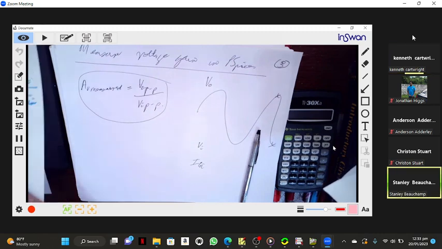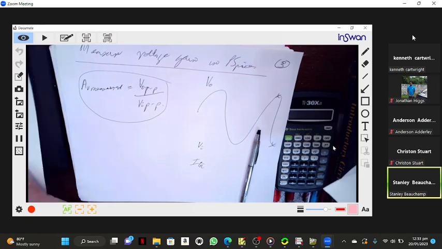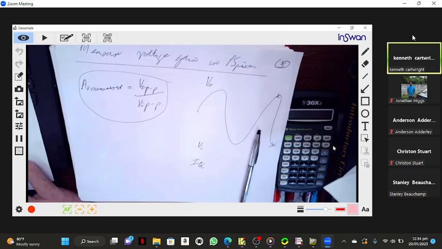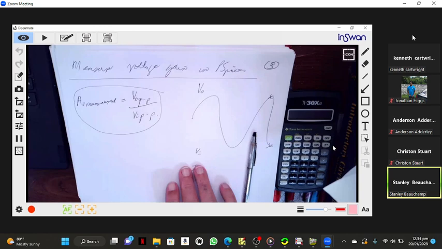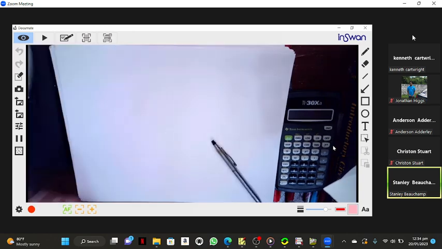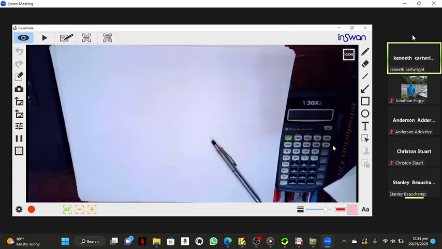I have one question. What do you mean by this 1% resistor? I'm not too clear on that. You just broke up.